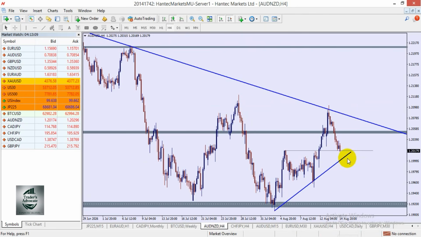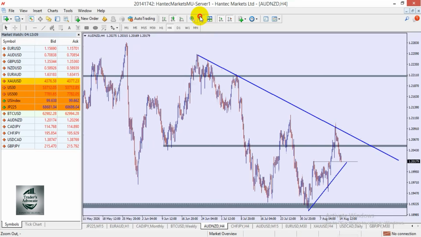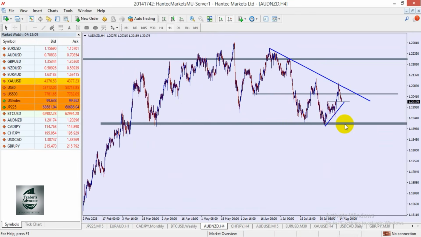Once price breaks out from my counter trend line, if I see a proper breakout from this area, I'll start looking for selling positions all the way down here. So my entry criteria will be, once I see a breakout of my counter trend line, I'll be selling all the way down here. Once we come in here, I'll be locking in a significant amount of my profits, push my stop loss to break even, anticipating that we'll just roll over, break below here and start pushing all the way to the downside.